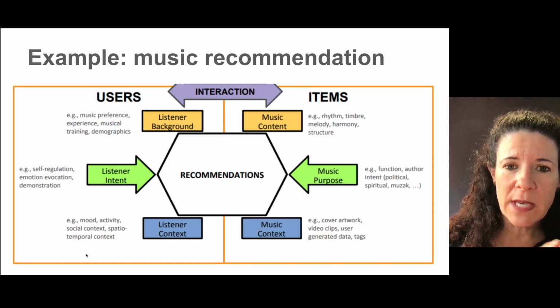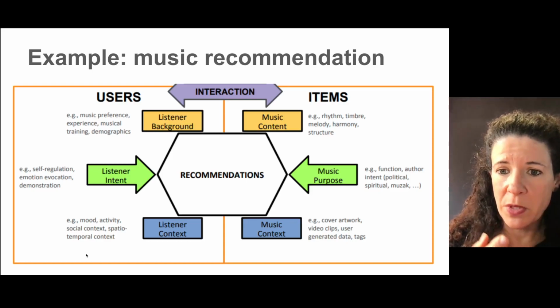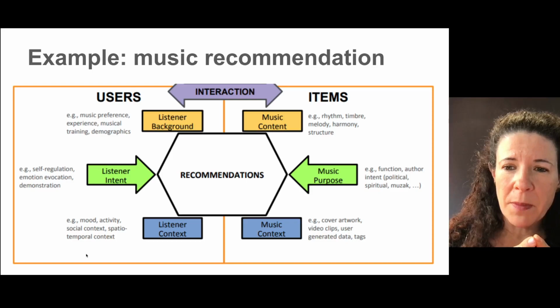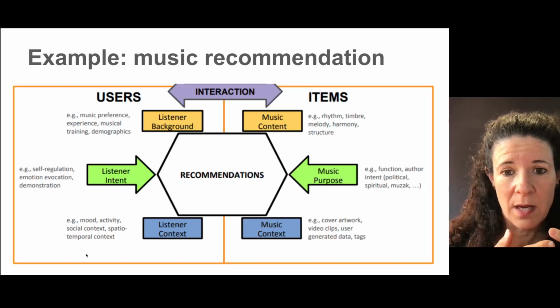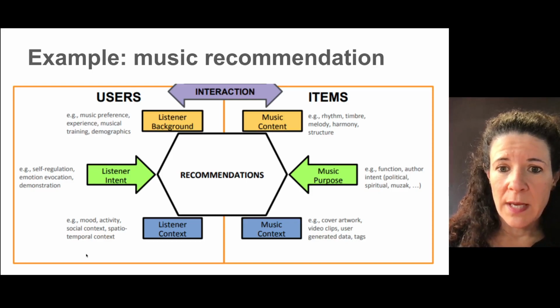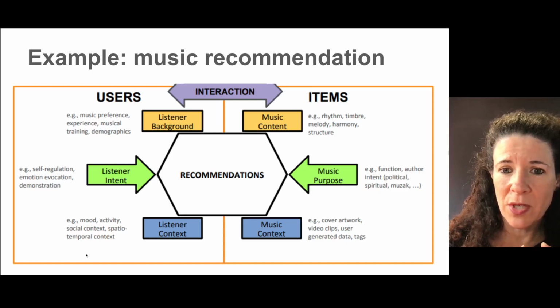So on the other side, you have the items, and you know a lot about the items because you can compute things like melody, harmony, structure of the music. People tag music a lot, so you can use the tags that are associated with a particular song. You can think about the purpose of the song. Maybe the song is political or spiritual.